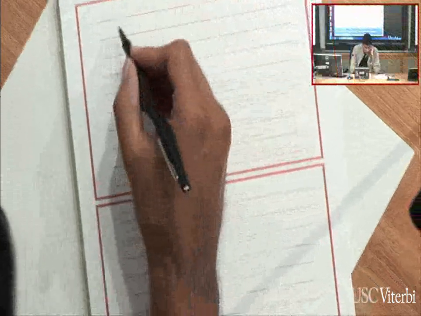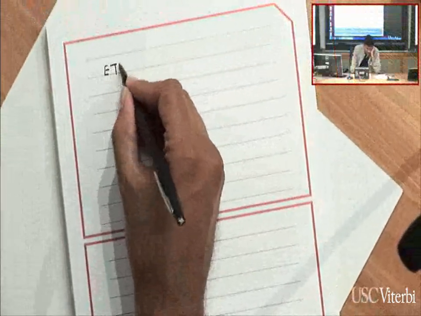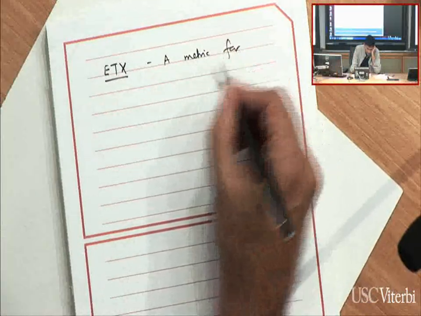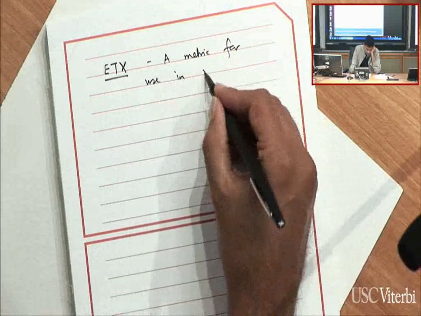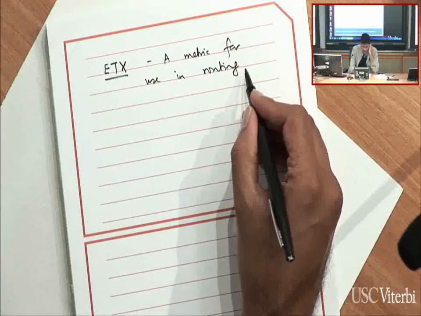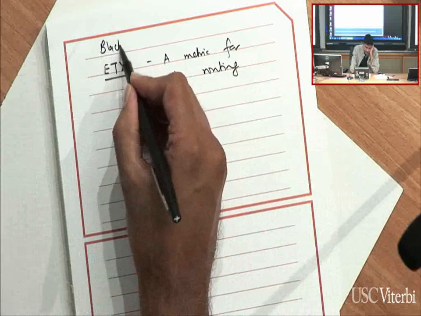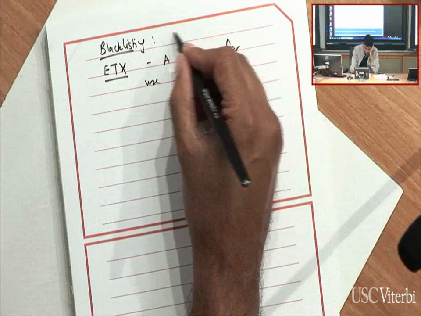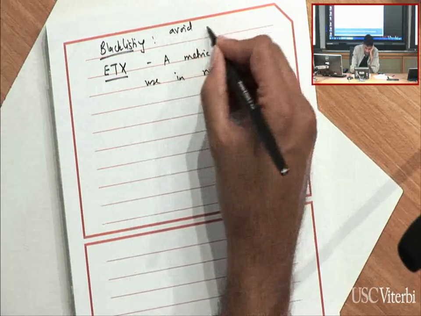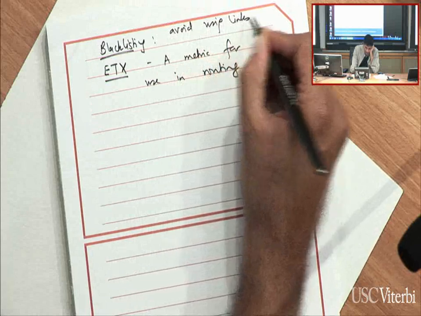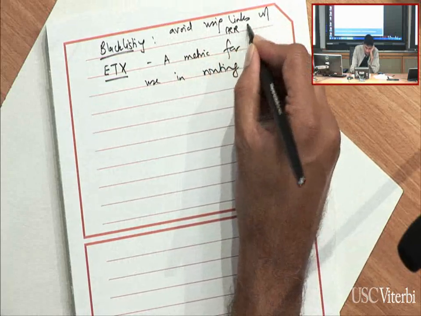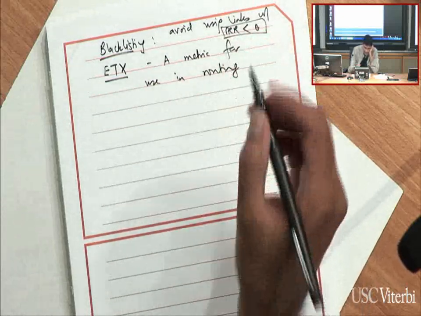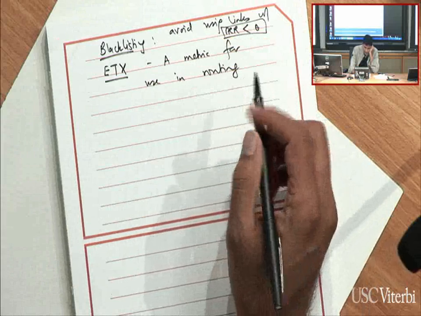Where we are with all this is, last time we talked about a metric called ETX. And this was really itself an alternative to blacklisting, which basically means avoid using links with low PRR, less than theta for some threshold. ETX is a metric for use in routing.